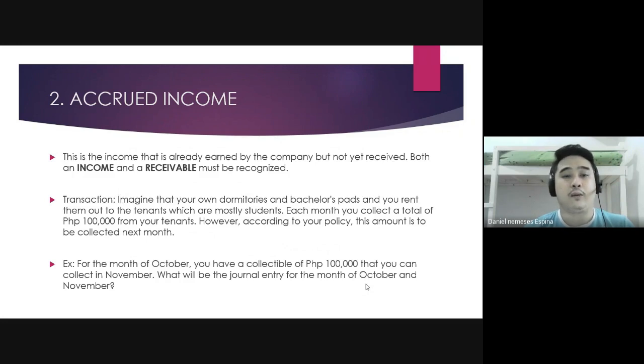For example, you are into online selling, and then you have already delivered the goods, and you are not yet paid, so we call that accrued income. Kumbaga, there's a similarity between accrued income and accounts receivable.